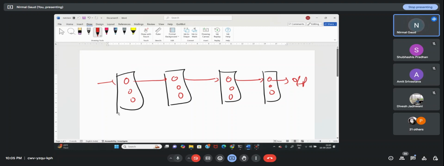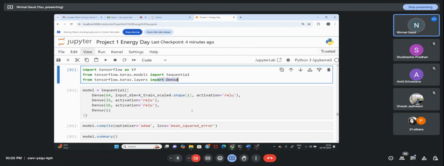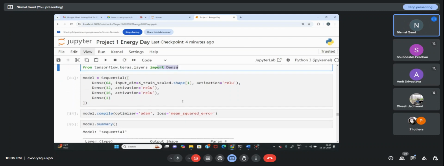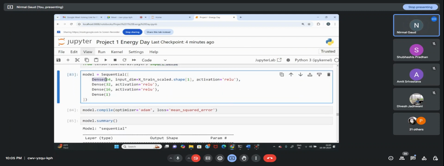The kind of architecture I built in this case is 1, 2, 3, and 4, so 4 dense layers I took. Dense layers are the layers where the actual computation takes place. These are highly interconnected layers. They are also called hidden layers.